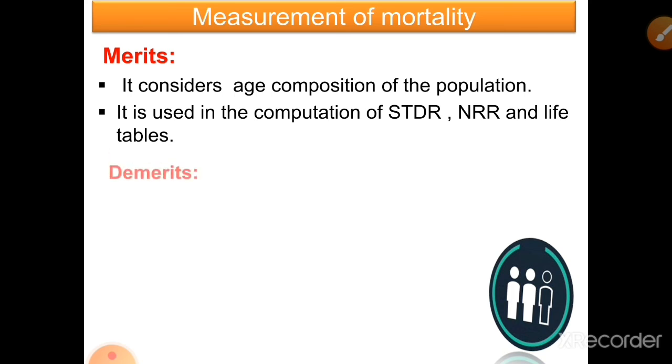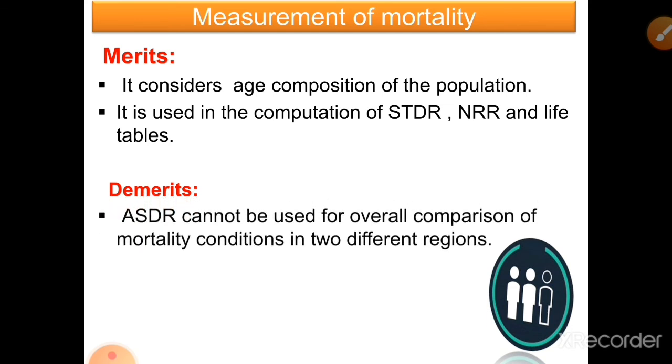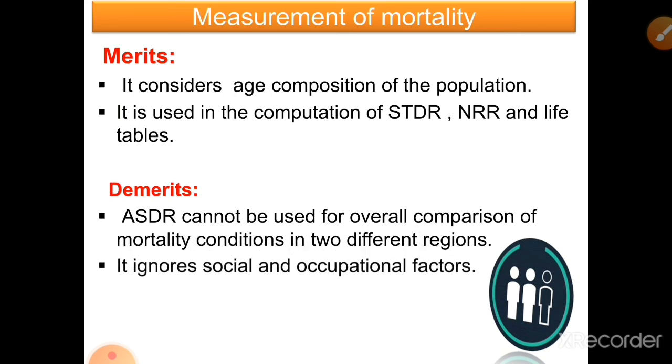So what are the drawbacks or demerits of ASDR? The first demerit is ASDR cannot be used for overall comparison of mortality conditions in two different regions. Using ASDR, age wise we can compare the death rate, but for overall comparison we cannot use ASDR.